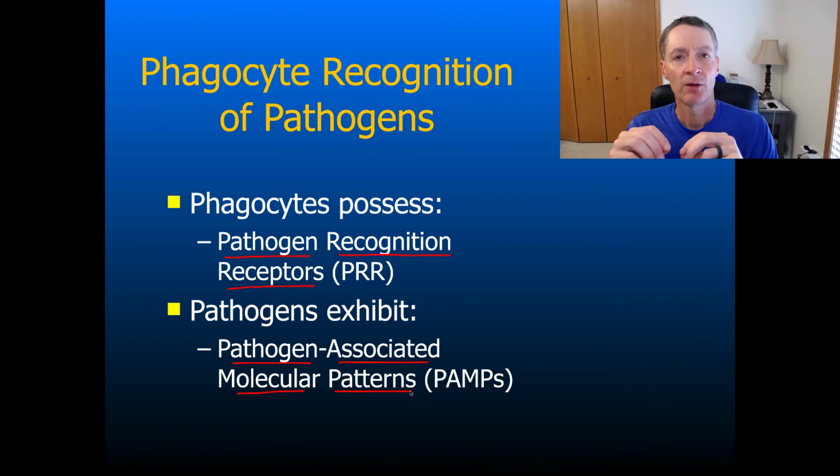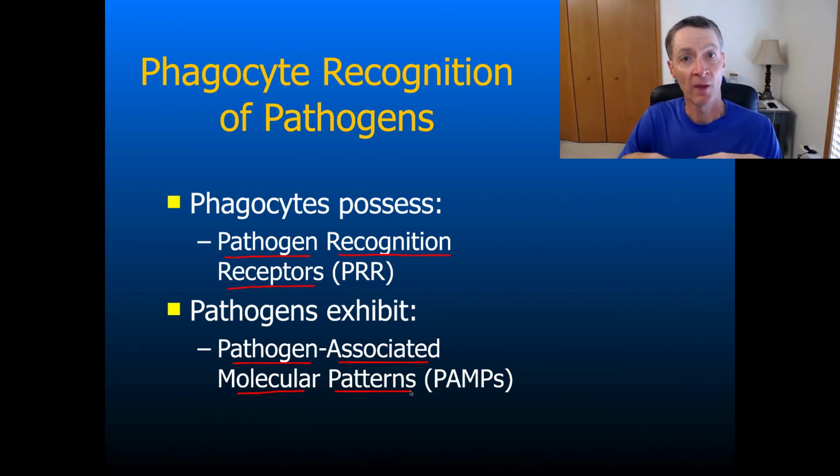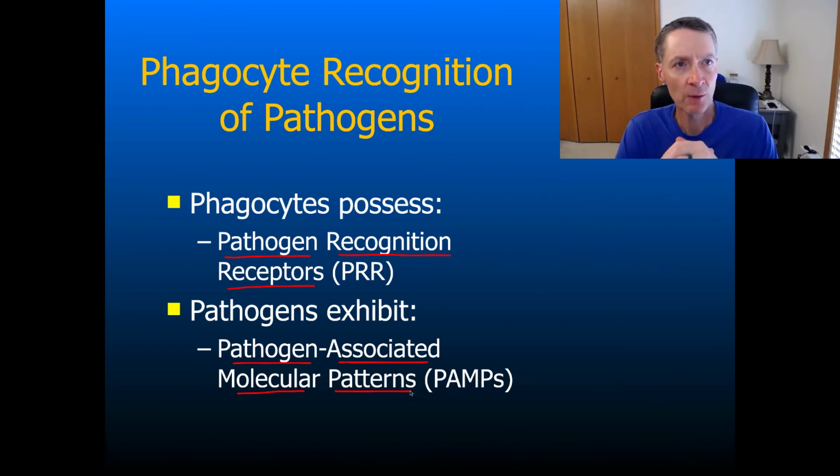Pathogens will exhibit a time-wise set of steps when they infect, when they are virulent and cause disease. So if you compared E. coli that is harmless in our system, or some other bacterium that's harmless in our system, it lives on our mucous membranes in the respiratory tract or in the digestive tract.